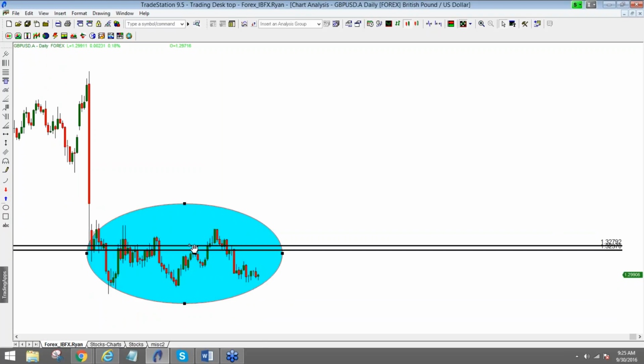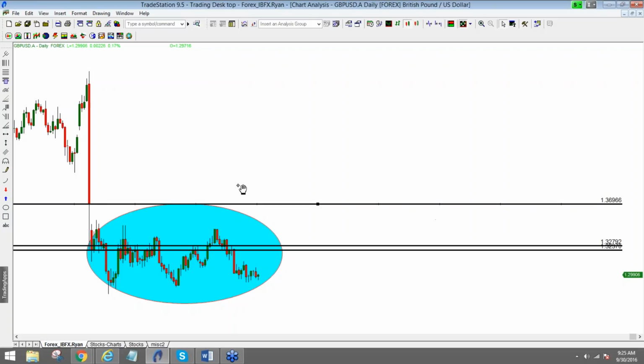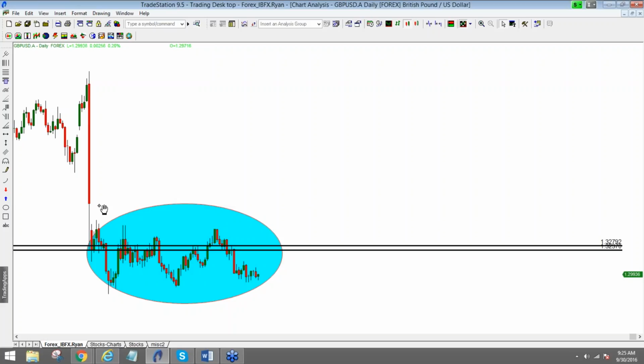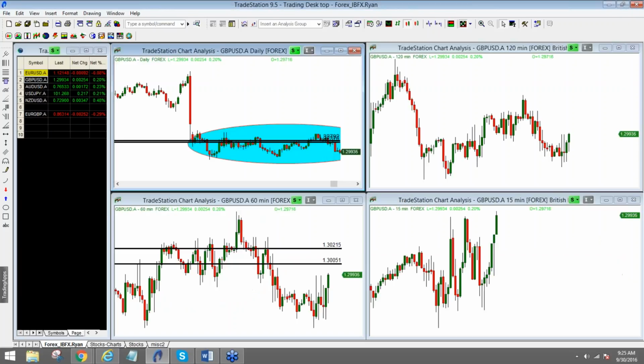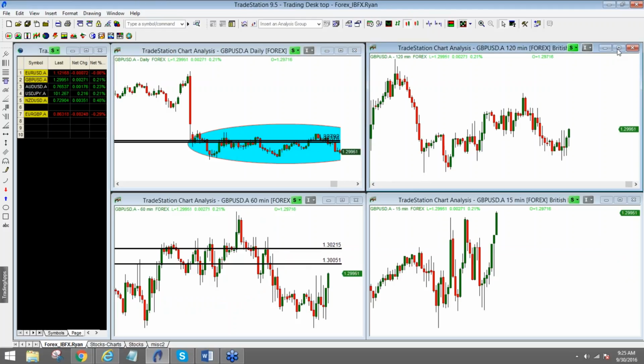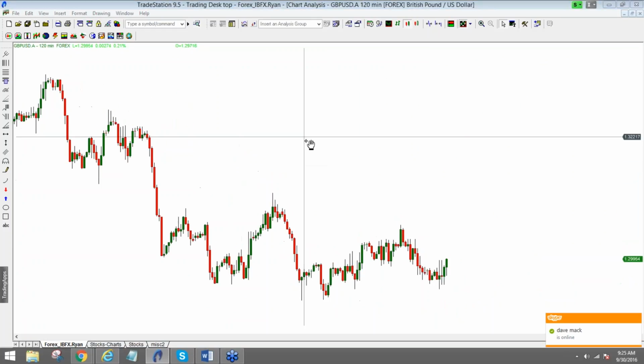It dropped, and now it looks like it's trying to get higher, and then just doesn't. So until the pound can really get above, let's say here, I don't think it's going to do much. I think it's going to be trading sideways or lower until it can start getting above this little consolidation area. That's just a big picture analysis, not anything to trade off, just something I'm keeping my eye on.